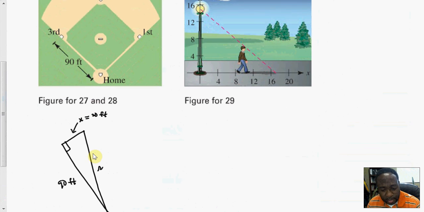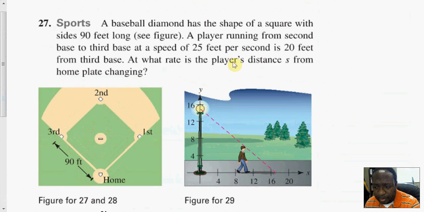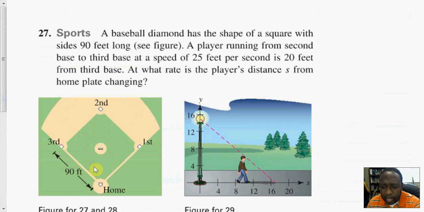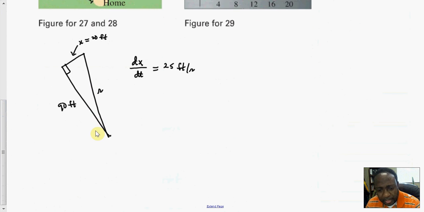And the rate for X, dx over dt, they give us that to be 25 feet per second. We need to calculate, it says here, at what rate is the player's distance S from home plate changing? So you need to calculate ds over dt.